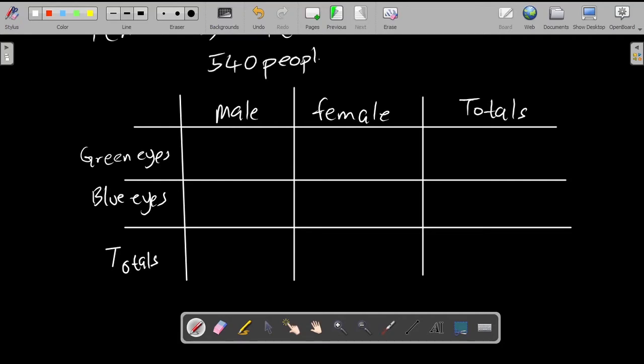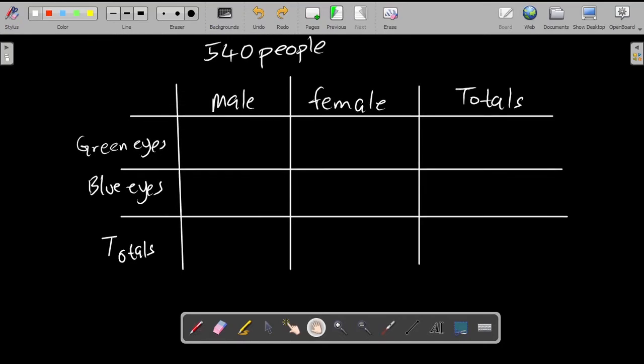So we know that this is the total number of people who are involved in this test or in this activity. And these people have either green or blue eyes, and they were randomly selected. Now the task is to determine whether having green or blue eyes is dependent on gender, right?